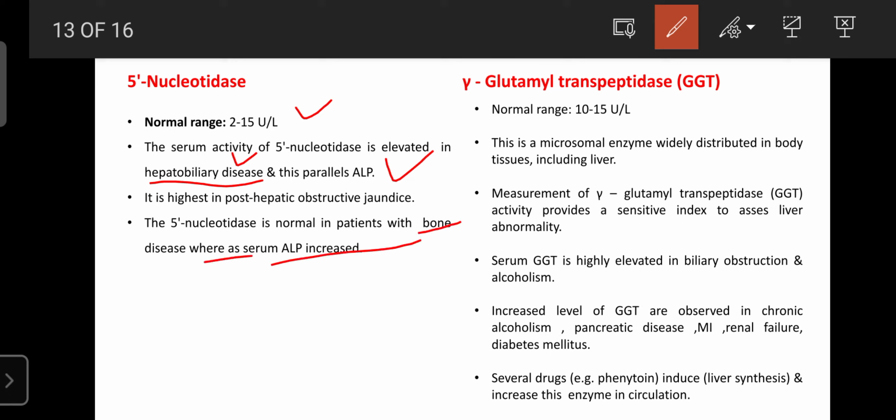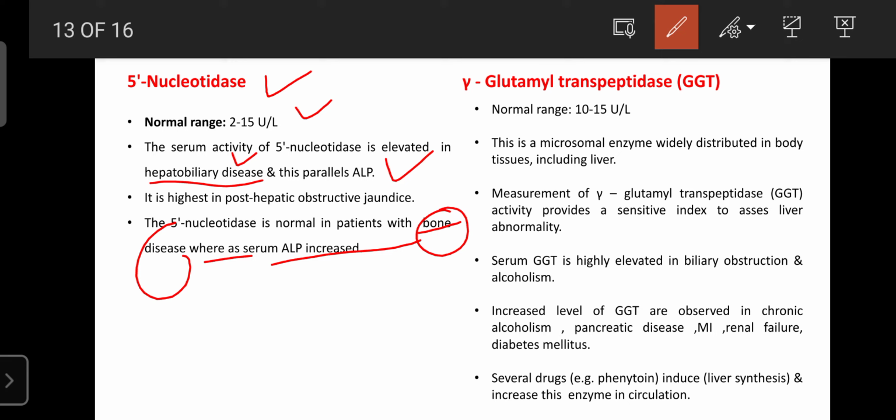So this is also beneficial: if only the ALP level is increased and the 5 nucleotidase level is not, that increase is not related to the liver but to bone disease. That's why 5 nucleotidase is another enzyme that is helpful to differentiate liver disease from bone disorder.